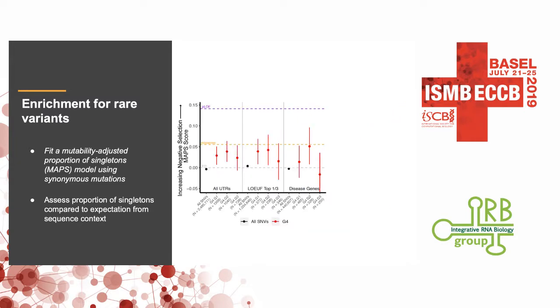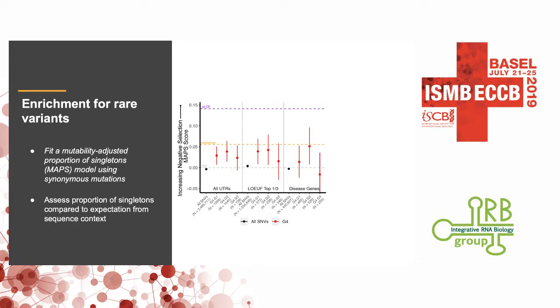When we apply this to UTR G-quadruplex, looking at the trinucleotide G tracts, we see that compared to synonymous, missense, and putative loss of function mutations, variation affecting the second G of this G tract tends to be significantly more enriched for rare variation compared to synonymous variation within protein coding regions of the genome.